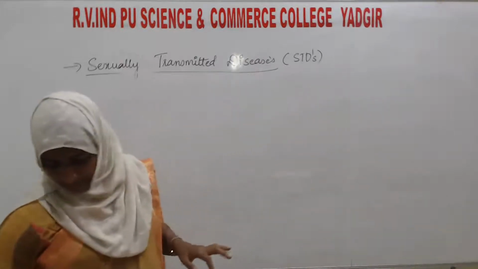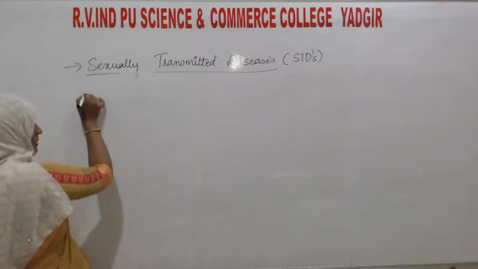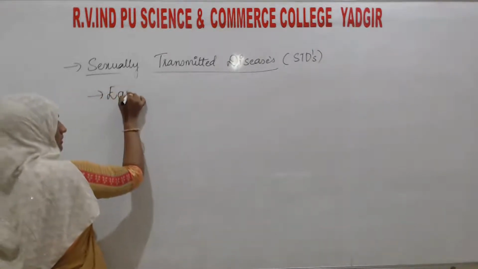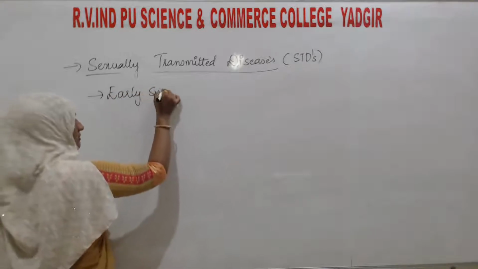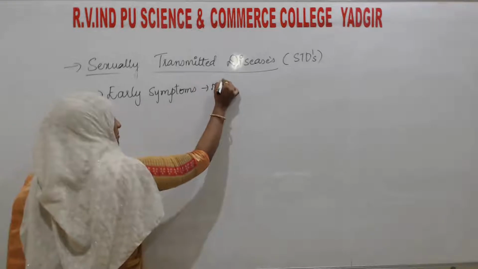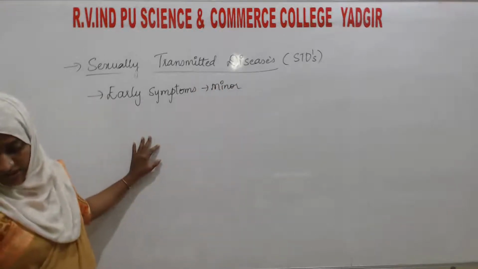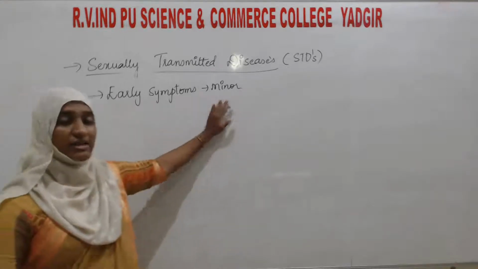Some of the early symptoms will be minor. Minor means some light symptoms can be seen. What are these minor symptoms?